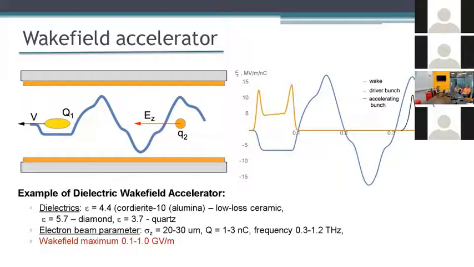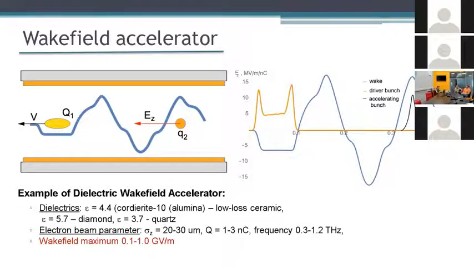right? So here, you can bump the accelerating gradient to gigavolts per meter, again in a terahertz range, because the aperture is about a millimeter in structures. This means that you can have way higher gradients, and with this trick, the ratio between accelerating and decelerating field is usually called the transformer ratio.